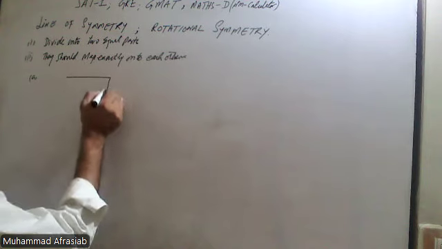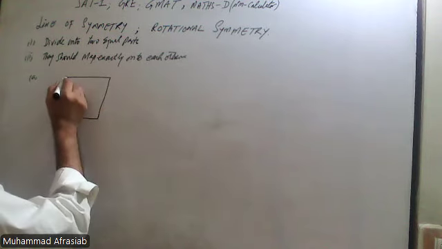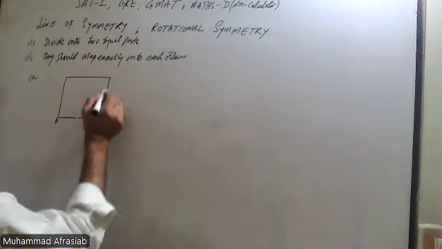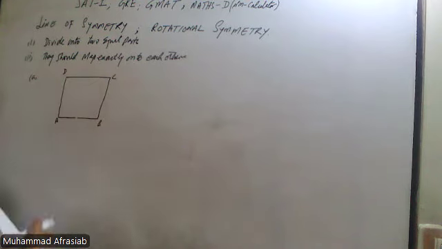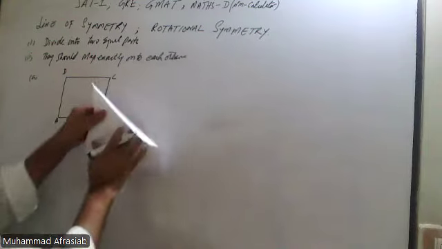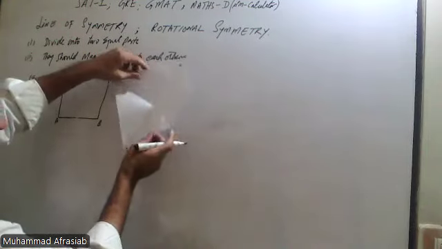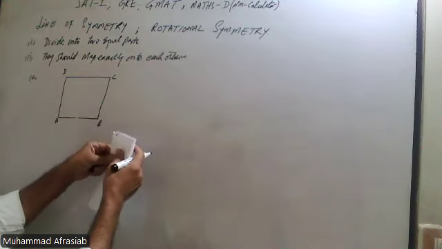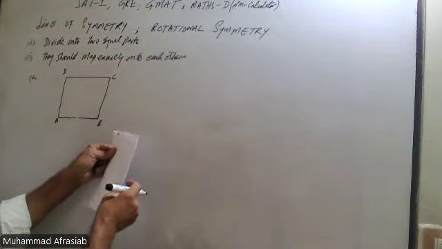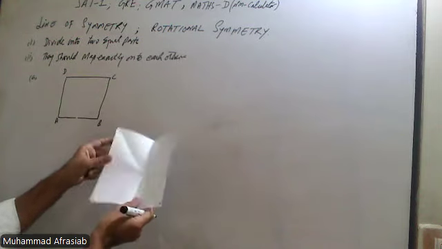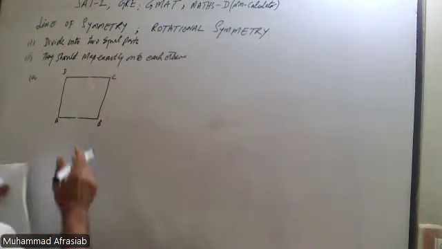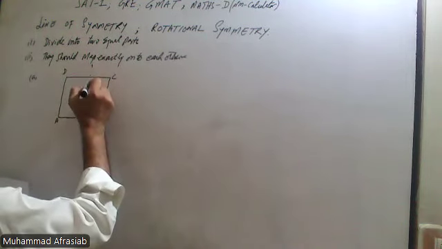Let's say this is the square A, B, C, D. Now, look, if it is folded about this line to the center vertically, then you see that A is going to map on D and B is going to map onto C. So there is one line of symmetry there.